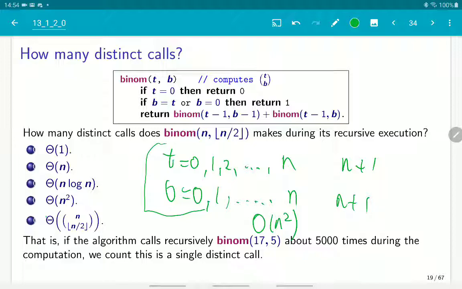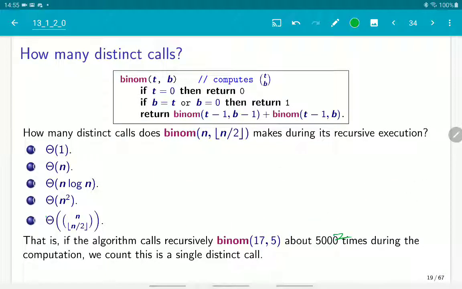Note that this is, in fact, a bit conservative, because the right number is probably something like n squared over 2, because you're not taking values where b is bigger than t. If you look at the matrix of those values, you're getting only half of it. But we don't care. We want only the asymptotic notation, so we get O of n squared.